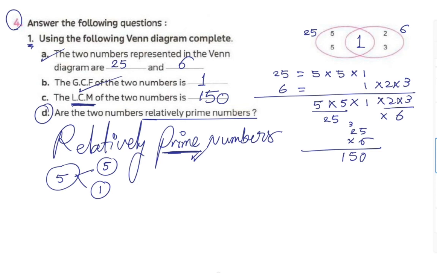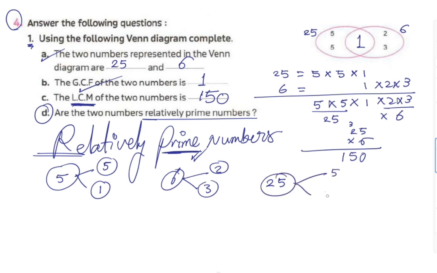So what is a relatively prime number? If you look at 6, when you find the factors of 6, 6 has 2 by 3, just 2 by 3, right? Look at 25, 5 by 5, just 5 by 5. What does this mean?